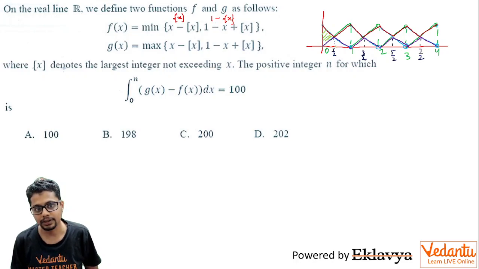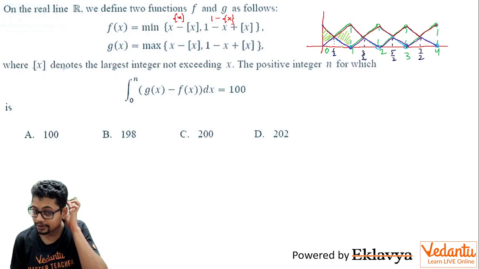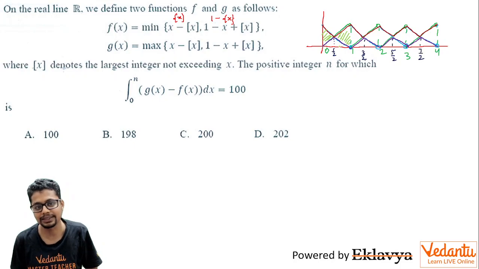Similarly, the integral from 1/2 to 1 of g(x) dx is essentially this area of a trapezium, and the integral from 1/2 to 1 of f(x) dx is essentially the area of this triangle, if you are able to see my cursor here. So again, the difference of the integrals of g(x) minus f(x) dx from 1/2 to 1 is essentially this area.